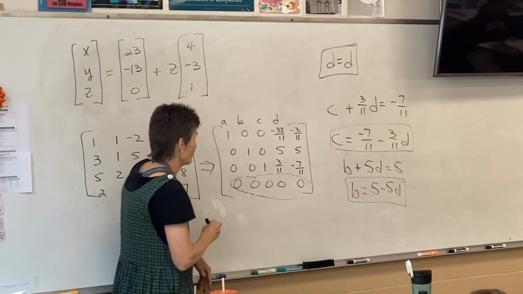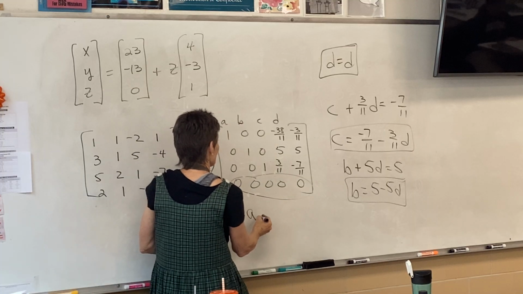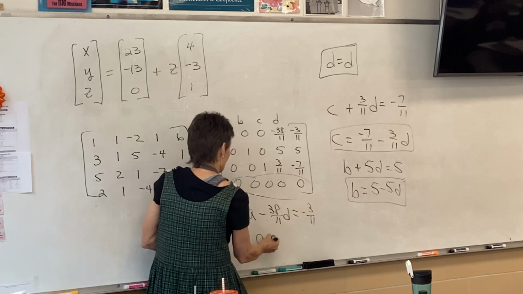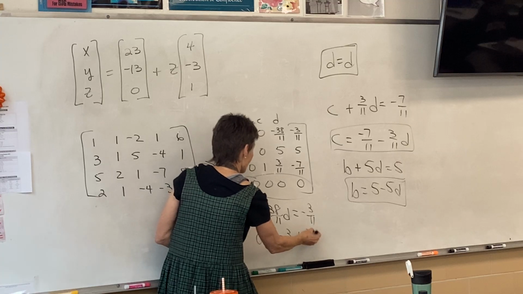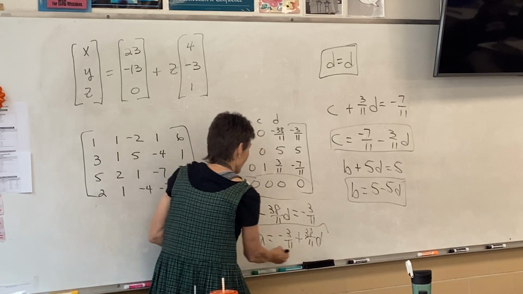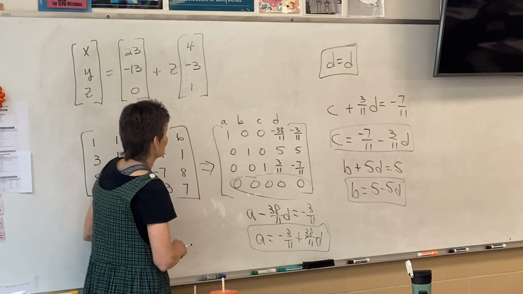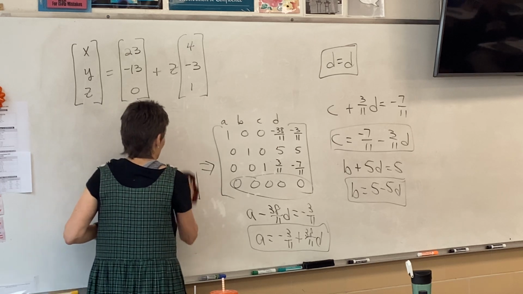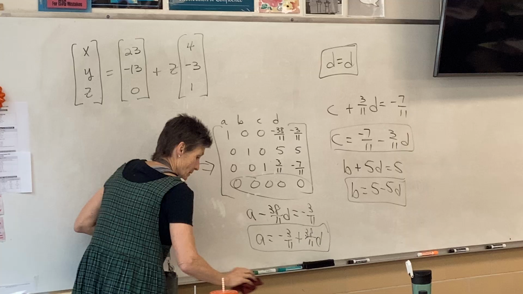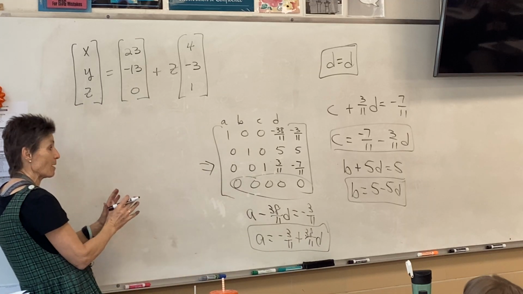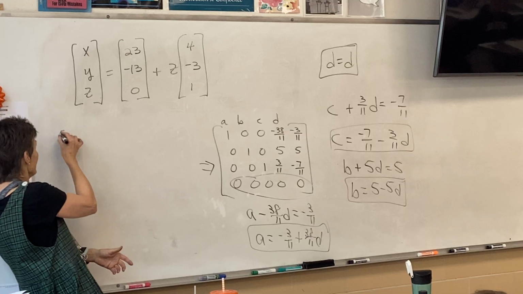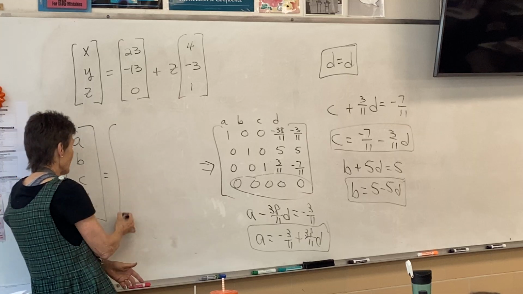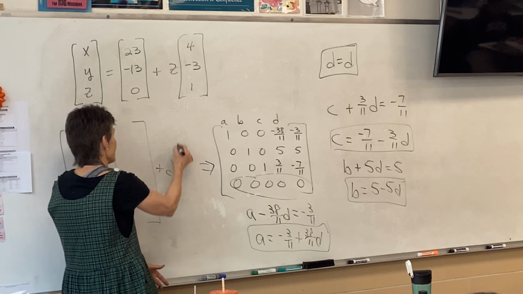And finally, what does the A row say? A equals negative 3/11 plus 38/11 D. Is that right, Elijah? Yep. So now I'm going to organize my answer. I'm going to write the same thing, just organized. So my variables are A, B, C, D. I'm going to have plain numbers and then D's.